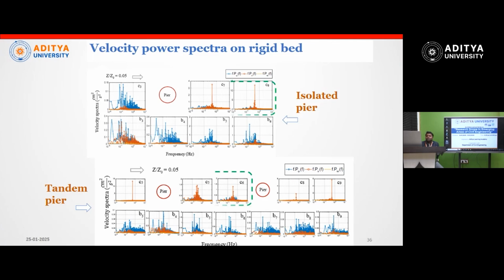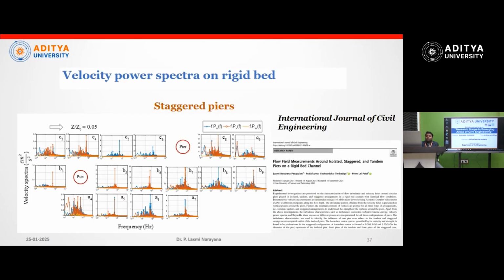We can see in the wake region the transversal component is getting the maximum intensity, and the strength of the vortex is very high. Compared to the rigid bed staggered case, so many spikes we can see. It means around the piers, upstream or downstream, we are getting maximum strength.